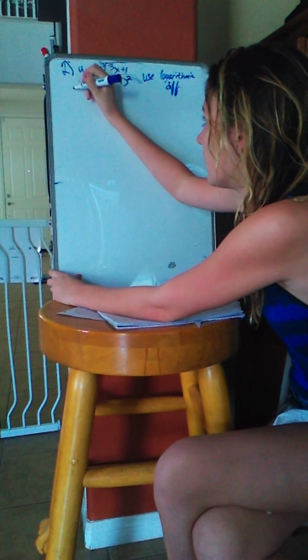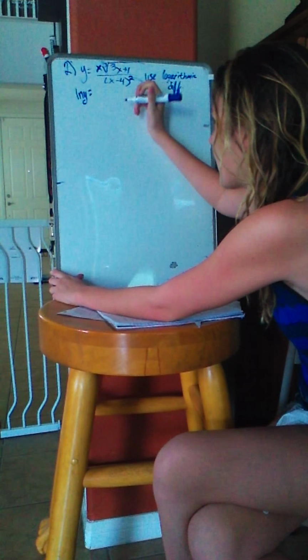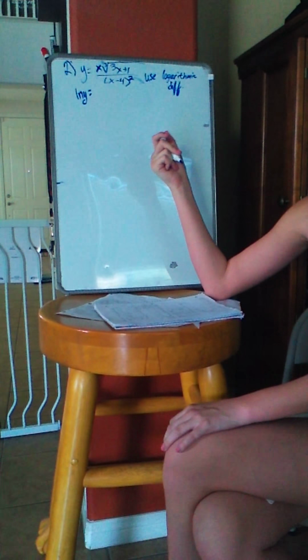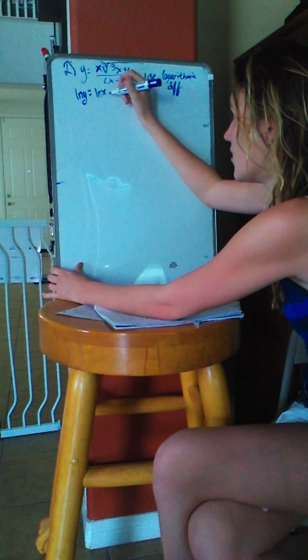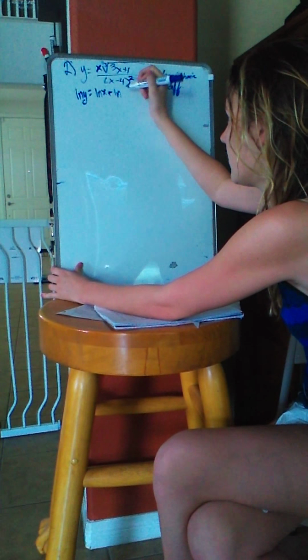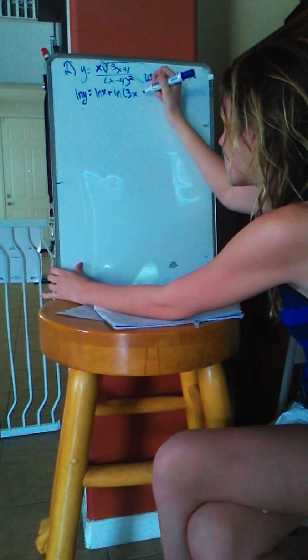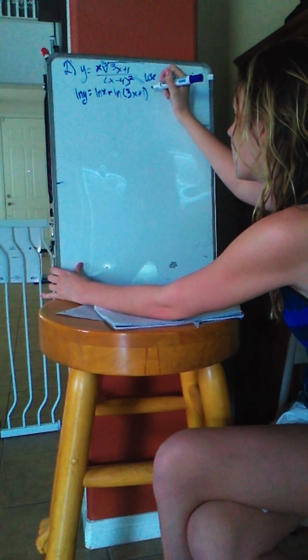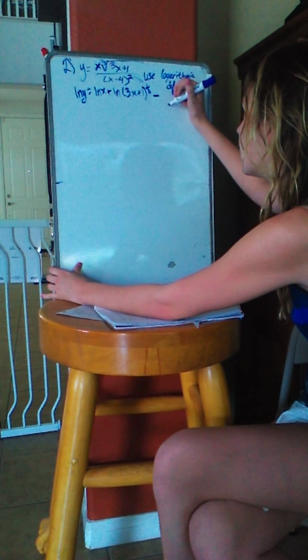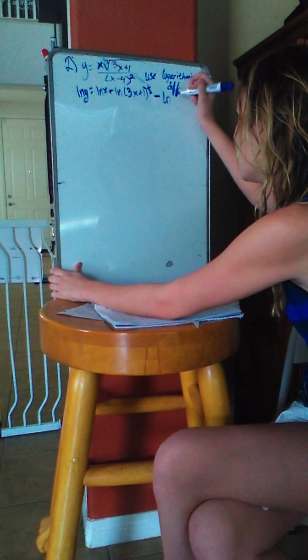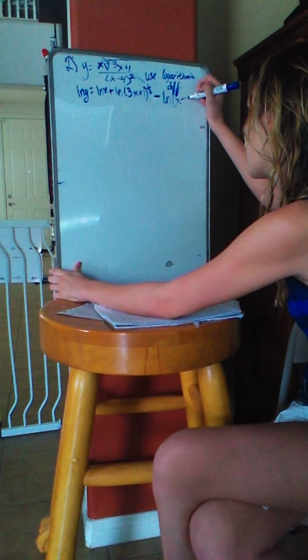So we're going to set everything to ln for natural log. And I'm going to split this up. So the first one's going to be ln x plus ln (3x plus 1) to the 1/3 minus ln (x minus 4) squared.